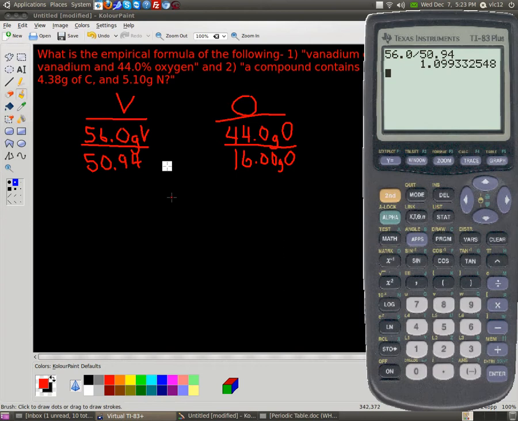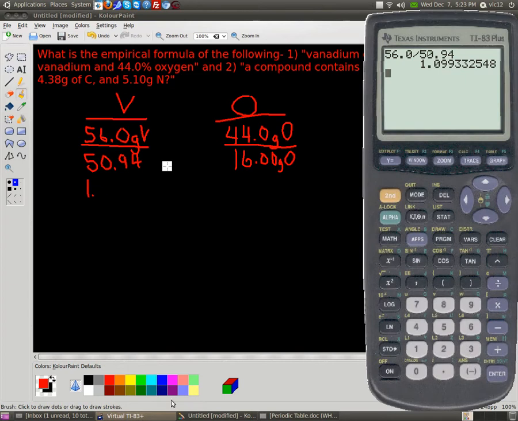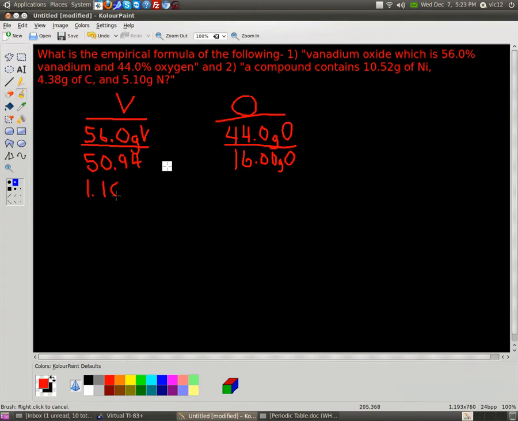So my answer here is basically 1.099, which technically is 4 sig figs. So I could use that, or I could just go ahead and round it to 1.10 to give me 3 sig figs. But anyway, that would be my moles of vanadium.